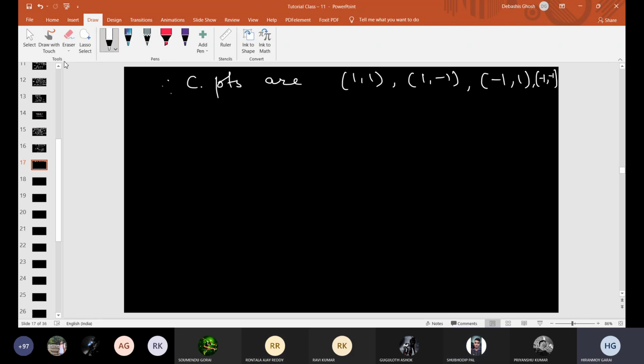Now you can see that for all the points, the value of f of xy comes to be 3, because f of xy is x square plus y square plus 1 by x square y square.